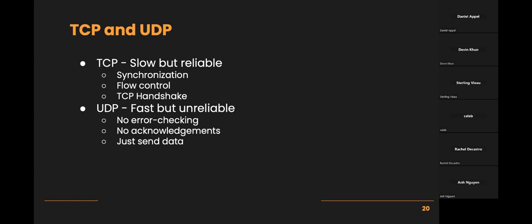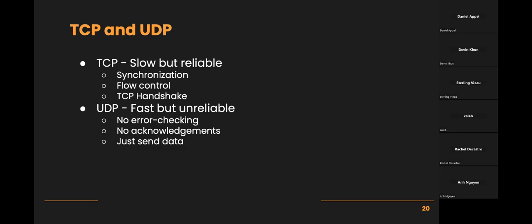TCP is a slow but reliable protocol. It has things like synchronization and flow control, and most important, a TCP handshake, which is basically a way to establish and make sure a TCP connection is valid.